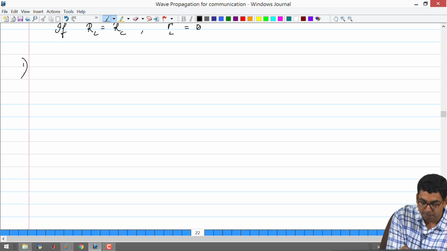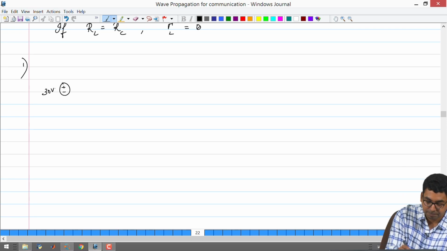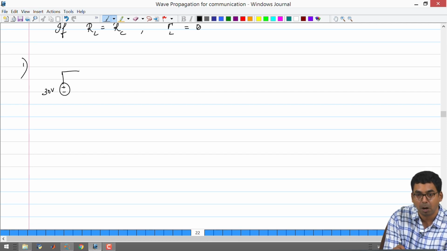It says that I'm having a voltage of say 30 volts on one side. Let's say that there is a weird condition that the series resistance is very, very low or almost 0. I have a switch that closes at t equal to 0.